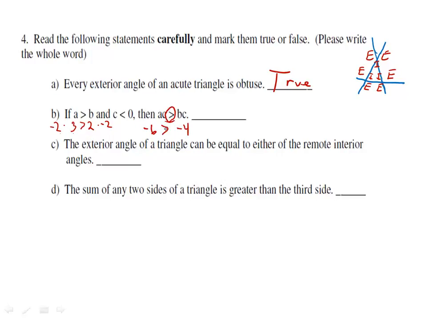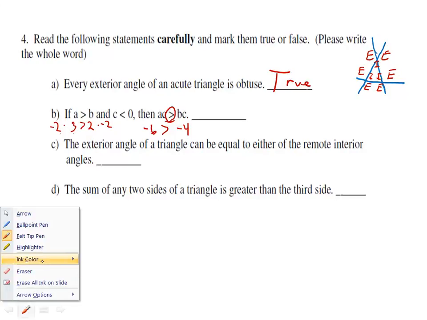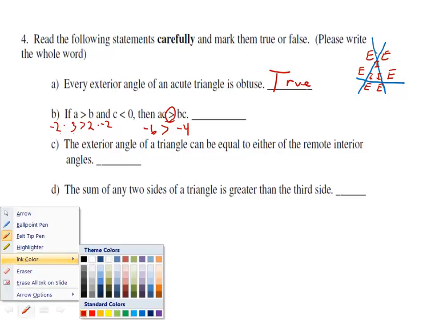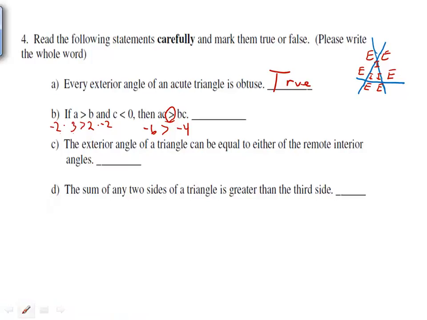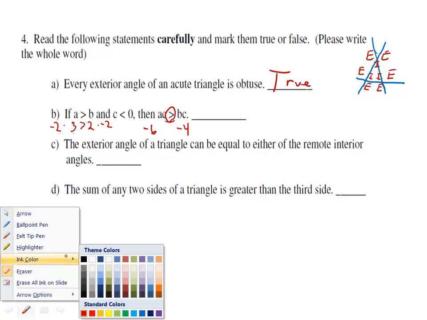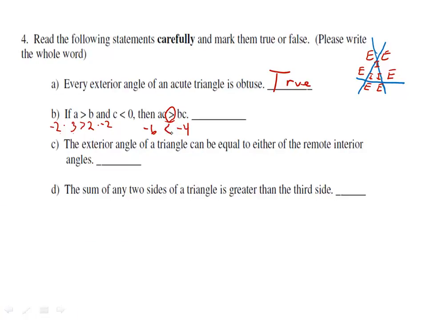Is negative 6 greater than negative 4? No. That's the whole point of this, is that when you multiply or divide by a negative number to solve an inequality, it flips the sign. So it's now less than. So it's false.